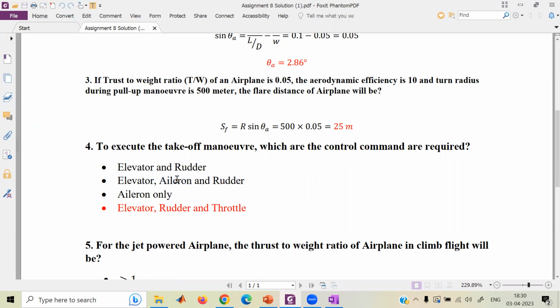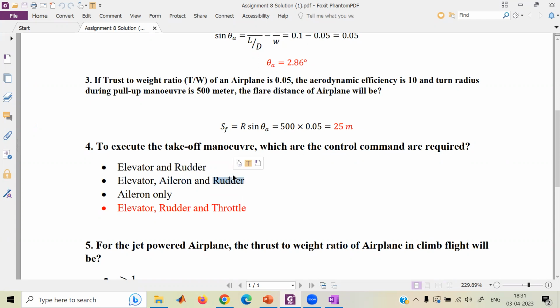Yeah. So let's ask another question. When do you use roll? What kind of maneuvers? To take a turn mostly. Yeah, to turn. And do you use rudder during the turn? Yes, sir. But the majority of the time ailerons are used.